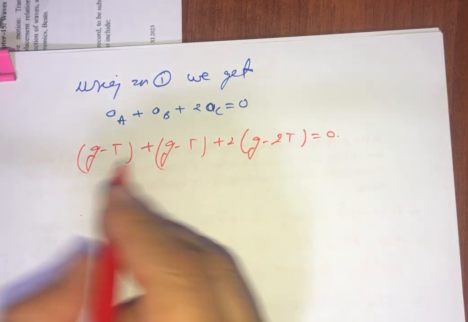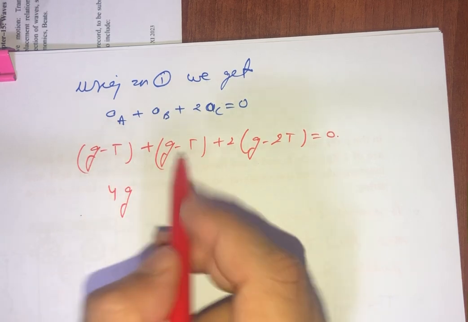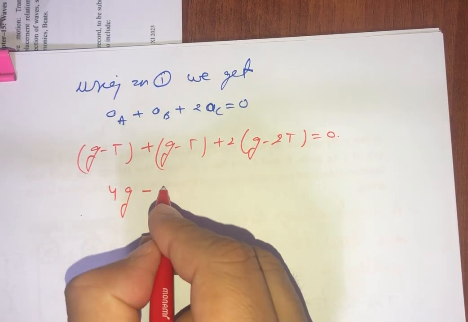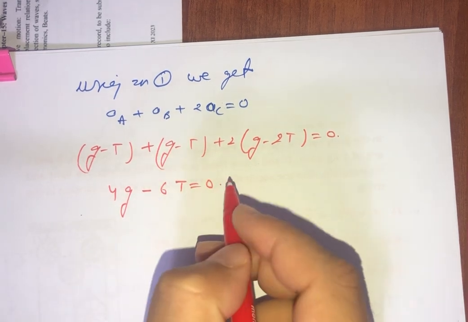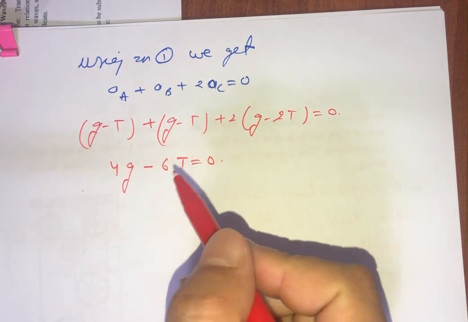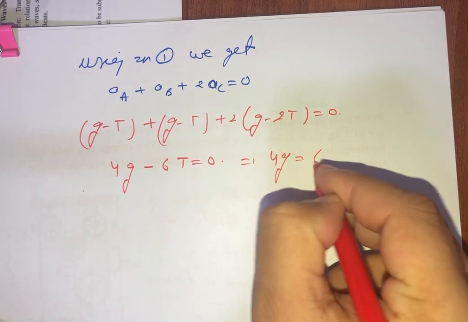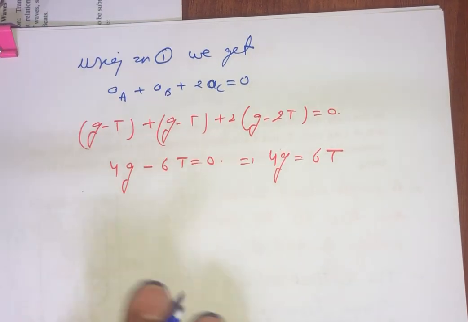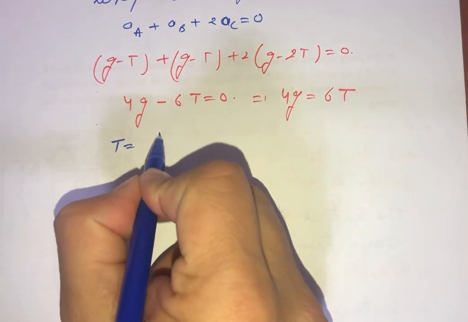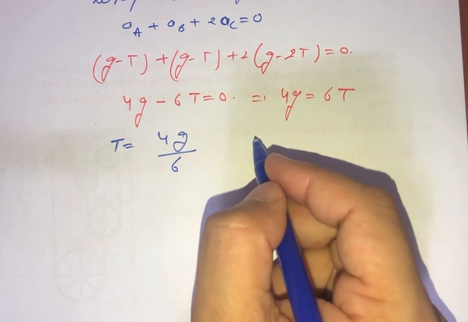So this comes as 4g minus 6T is equal to 0. From here 4g is equal to 6T, and T will be equal to 4g divided by 6.